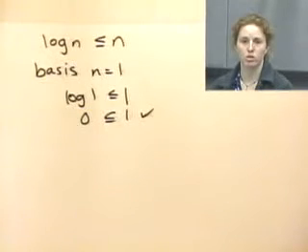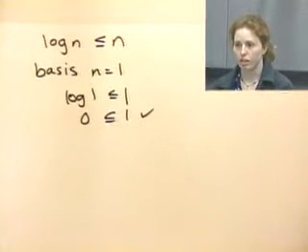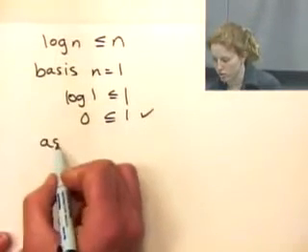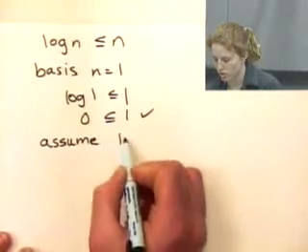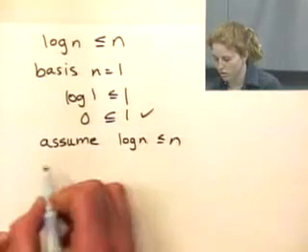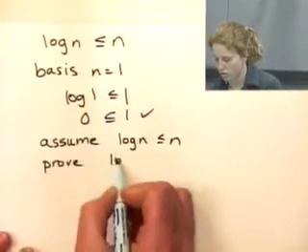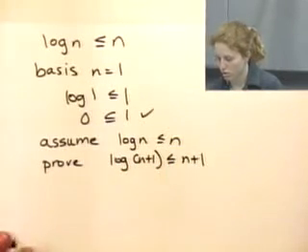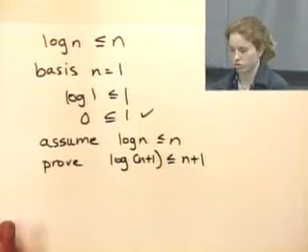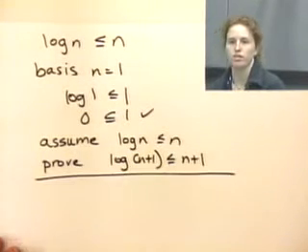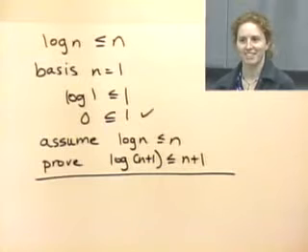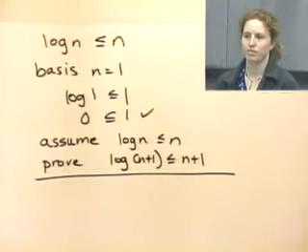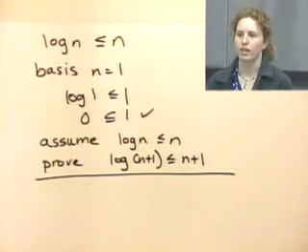Writing basis, assume, prove is no different for inequality proofs than anything else. It's the part after this that's different.